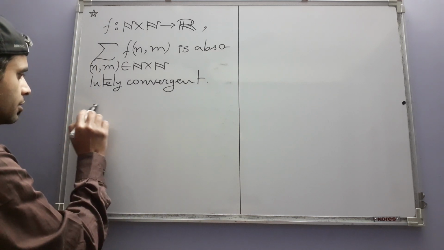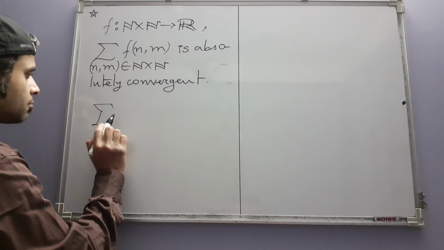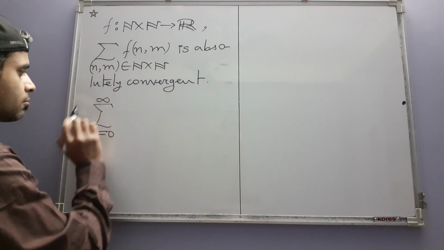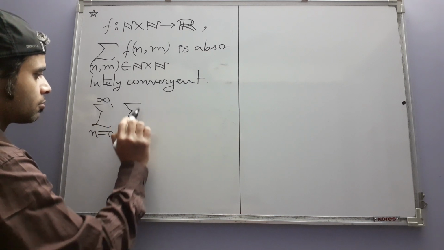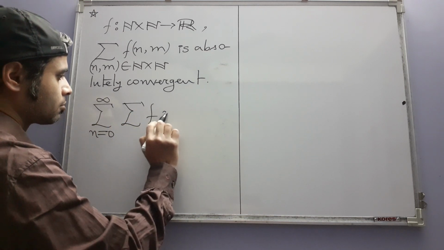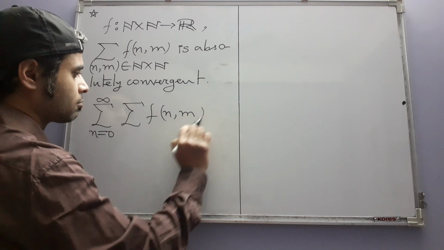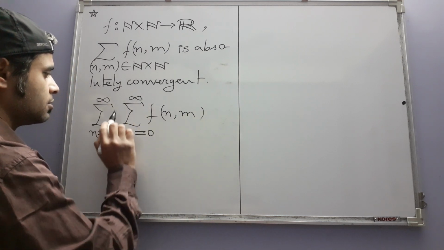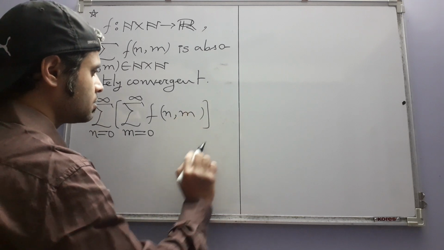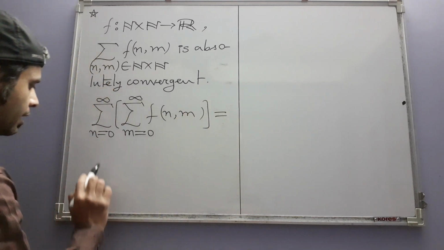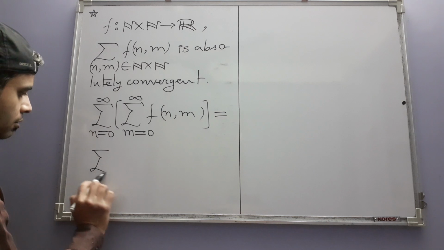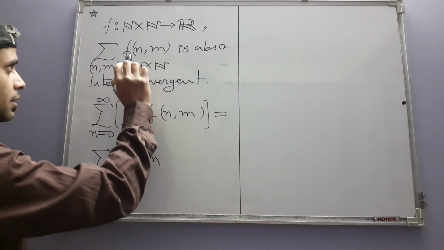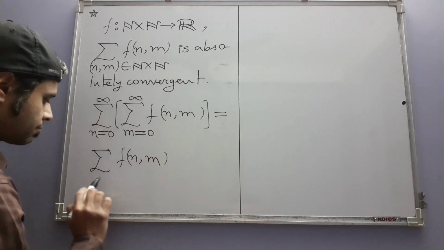The first one is this: that this series of the series is convergent and is equal to the value of this infinite sum itself.